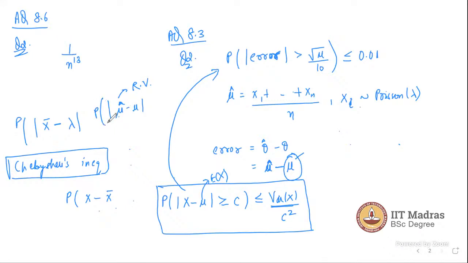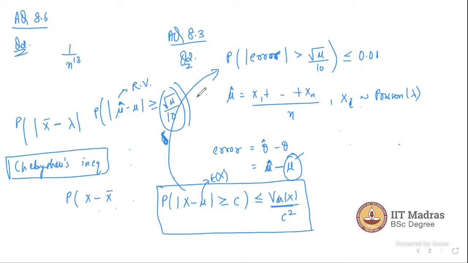Yeah, that's right. Now this is your error, and this is greater than or equal to under root of mu upon 10. So this is basically your delta. So I will write this as delta. According to Chebyshev's inequality, what should I write here?